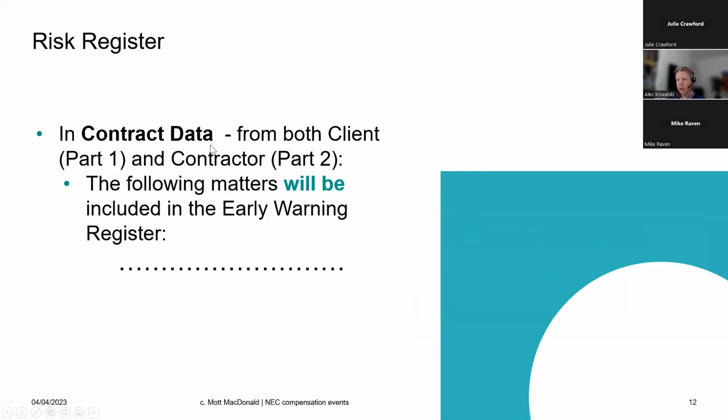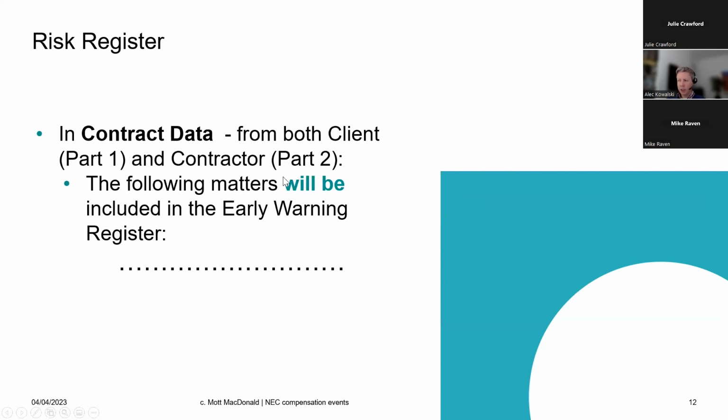So in contract data part 1, under NEC4, it was called the risk register, but now it's called the early warning register. And it's in contract data part 1 from the client and contract data part 2 from the contractor. And there's a statement, and it says, the following matters will be included in the early warning register. And that was the risk register under NEC4.